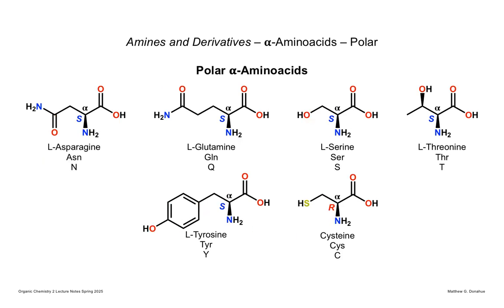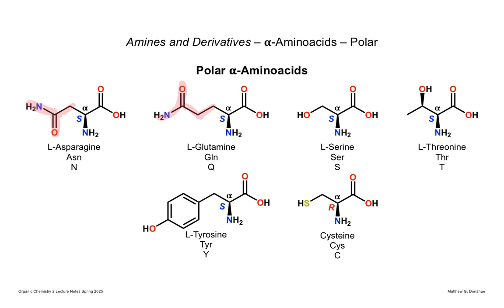So polar amino acids: asparagine has an amide. So we have a primary amide. Glutamine is another amide, but now the linker is longer. So you have this 2-carbon linker rather than 1.